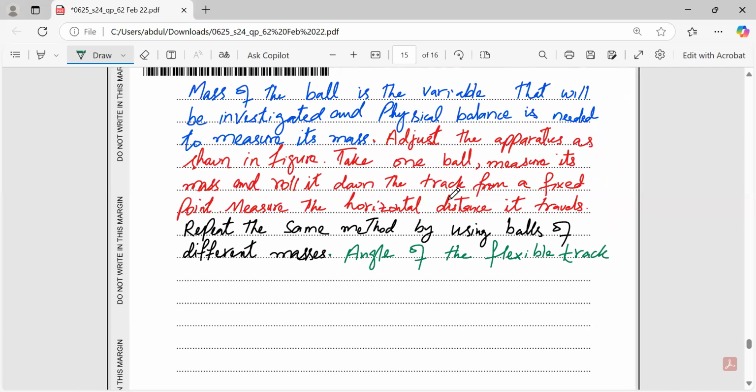So the angle of the flexible track and the length of the track along which the ball rolls down. It should not be changing every time. It must be kept constant.